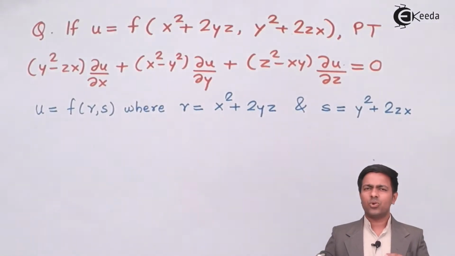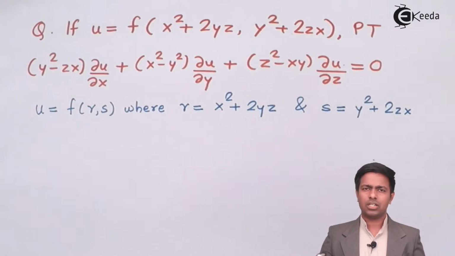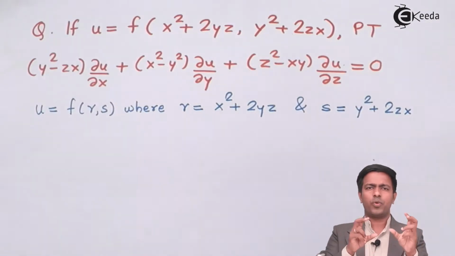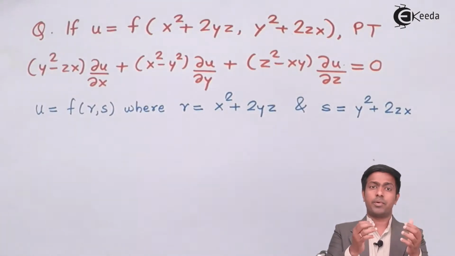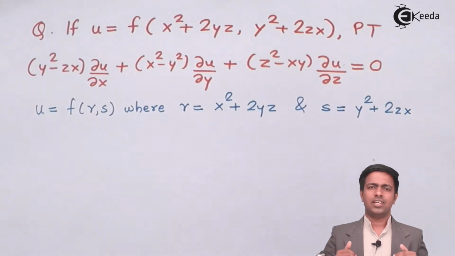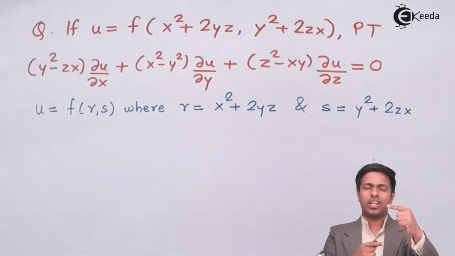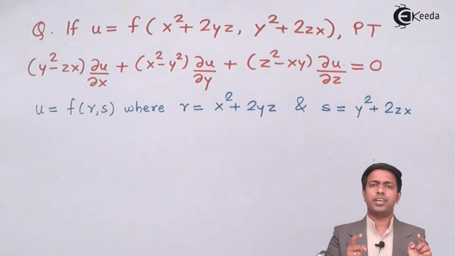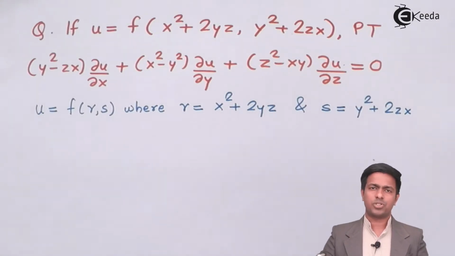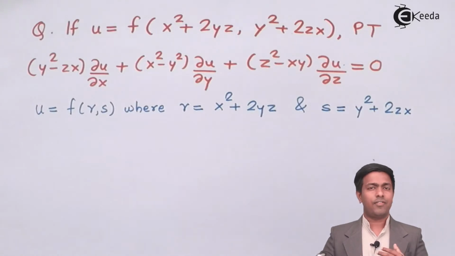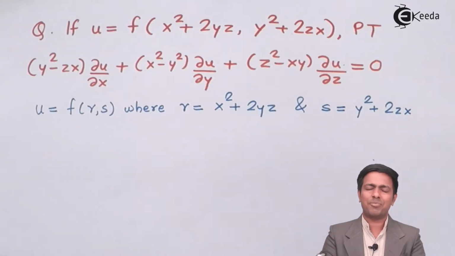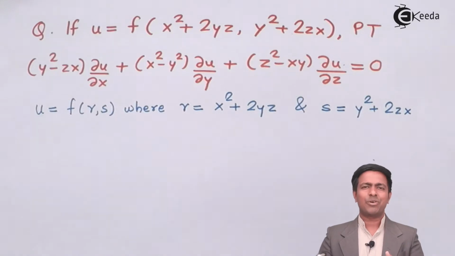So guys, it is looking like a composite function because u is a function of two variables and those two variables are functions of x, y and z. This type of structure, where we have a relationship between two variables with the help of an intermediate variable, is called a composite function. So for this I will first draw the tree diagram, because with the help of a tree diagram it becomes very easy to get the solution.